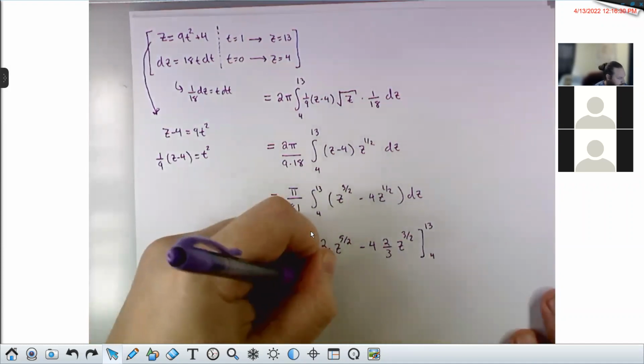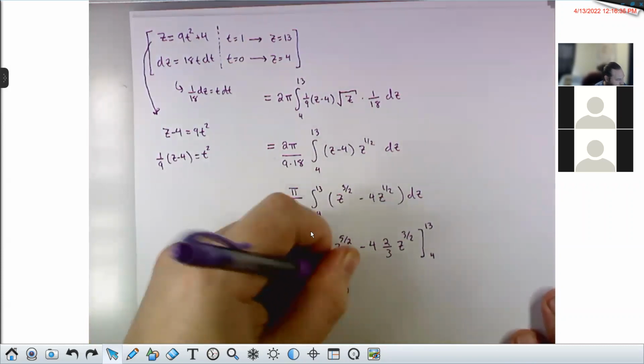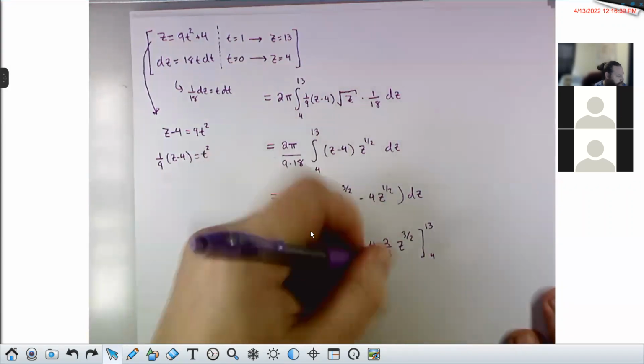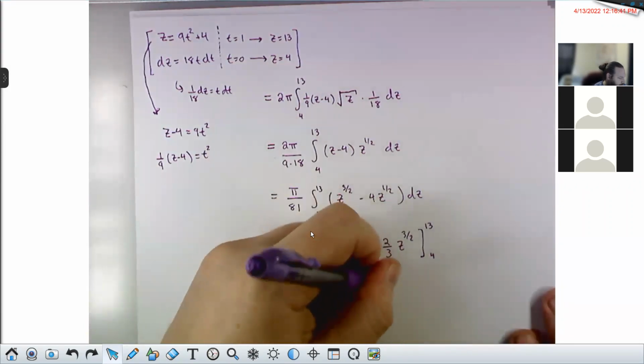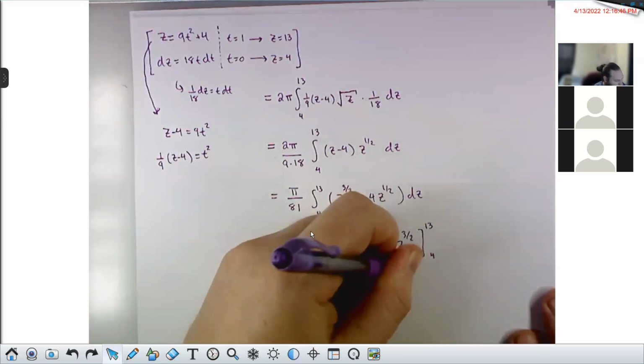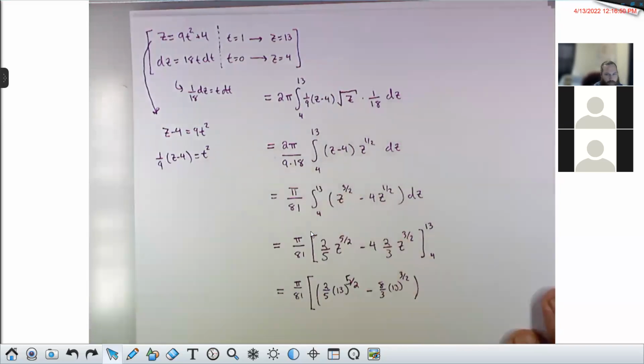And then here I'll have 2/5 times 13 to the 5/2 minus 4 times 2 is 8/3 times 13 to the 3/2. That's what I get when I plug in my upper bound.